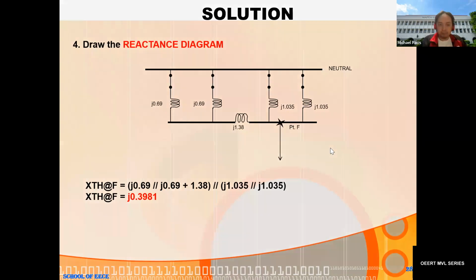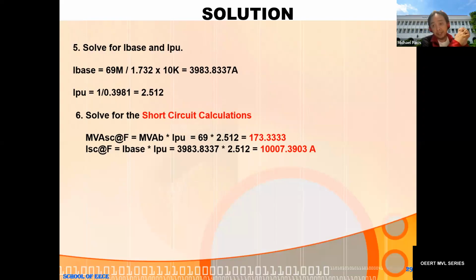And thus, number 5, you need to solve for the I base as well as I pu. The I base is 3.983 kA. And the I pu, by having Eth over Xth, the answer is 2.512. Now, the short circuit parameters: the MVA short circuit and Isc at F. MVA short circuit is S base times I pu, and the answer is 173.